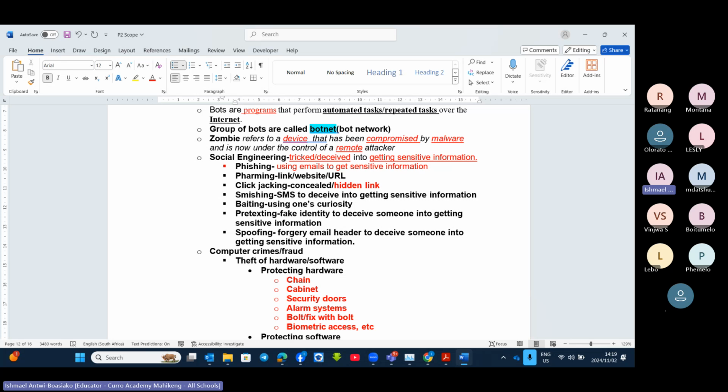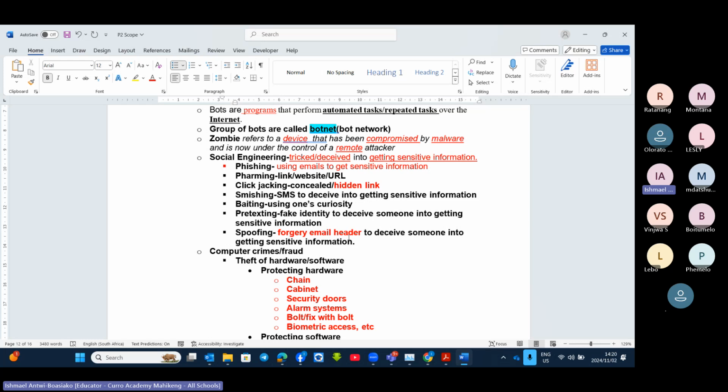You receive a message, and they change the header, the sender address, and send a message to deceive you into giving sensitive information. That is spoofing, forging the email header. And phishing is using email messages. So you must take note: sometimes in the multiple choice, they will bring phishing and spoofing together. Don't be deceived. This one is using email messages, and this one is forging the email header. So basically, these are the examples of social engineering.